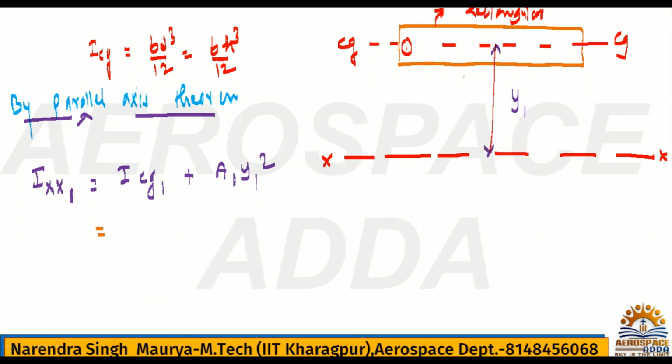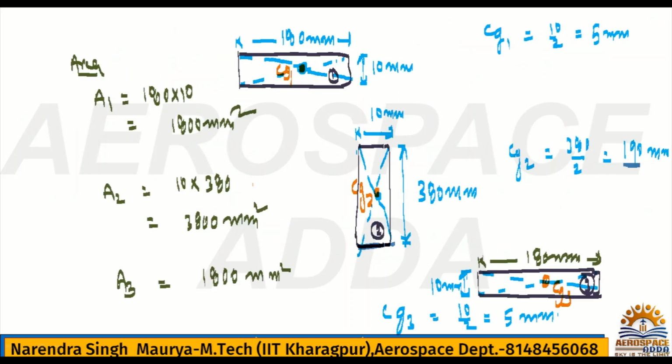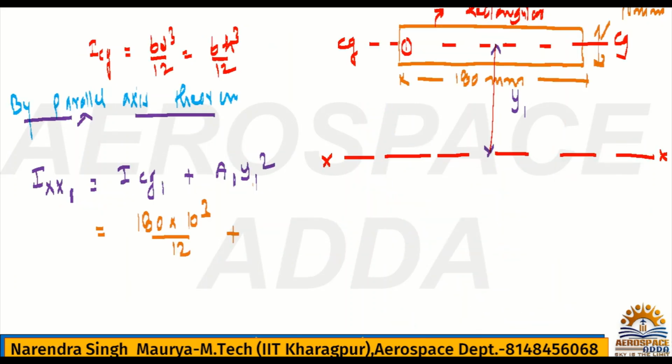Now coming to this, ICG1 is very easy. bd cube by 12. b is nothing but width, which is 180 mm. Depth is 10 mm. So you can write 180 into 10 cube by 12 plus area A1, which you have just calculated here, nothing but 1800, into y1. y1 is the location of the CG of section 1 from the axis where you are calculating moment of inertia.